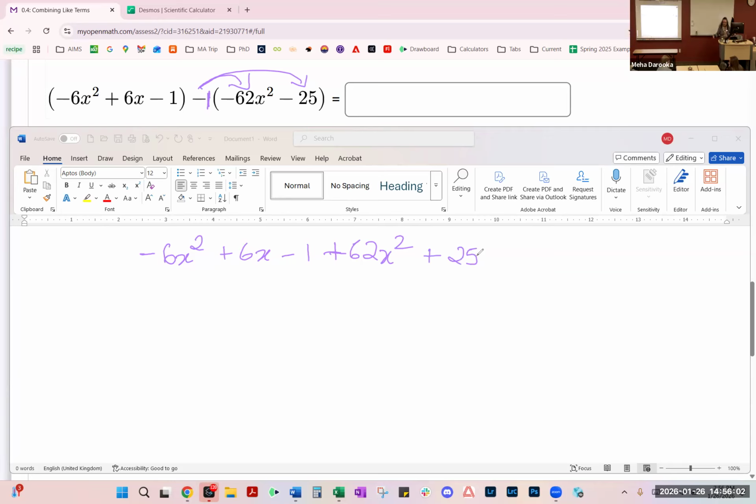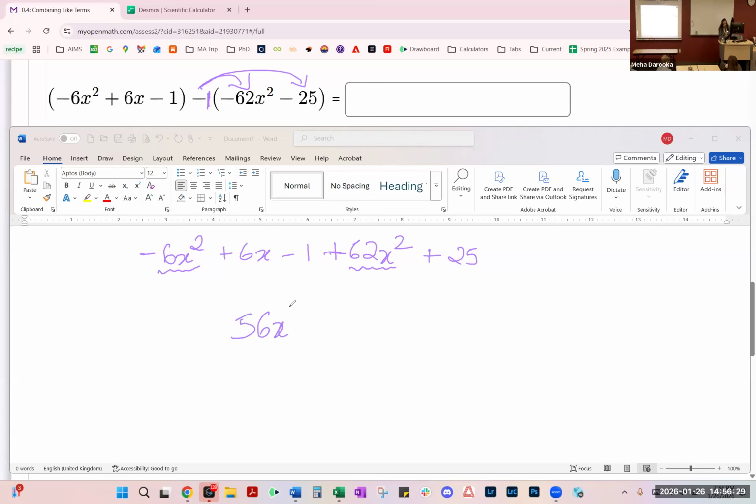So once you have cleaned that up, then you're just combining like terms. Of course, you will see we have an x squared and an x squared term. You want to combine those. So what will negative 6x squared plus 62x squared give us? Negative 6x squared with plus 62. 56x.